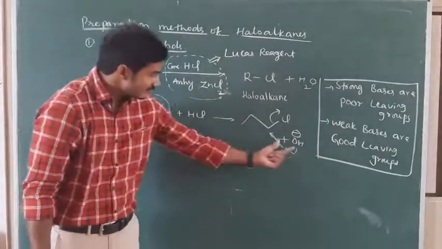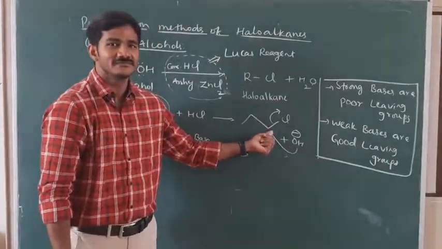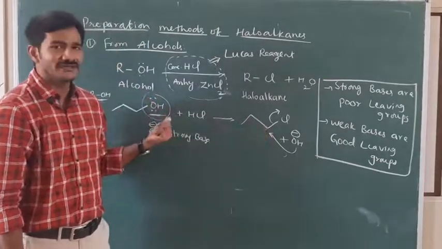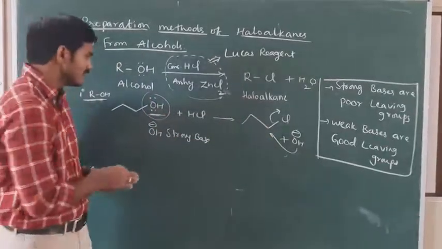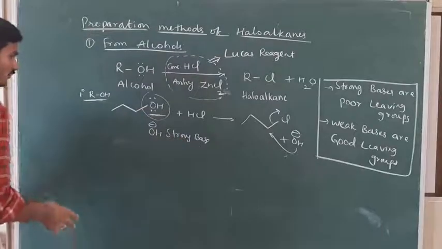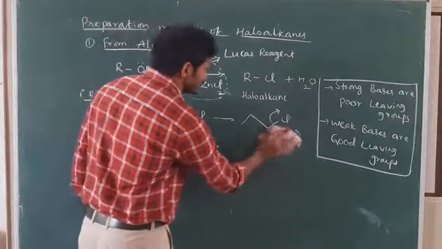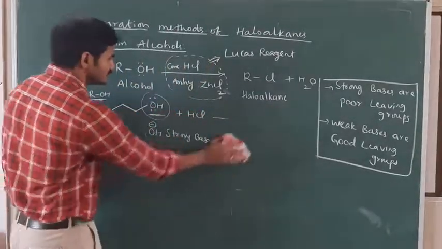Understood? If they are weak bases, they cannot react, so we don't get any reverse reaction. That's why we cannot directly eliminate OH minus, because OH minus is a strong base.